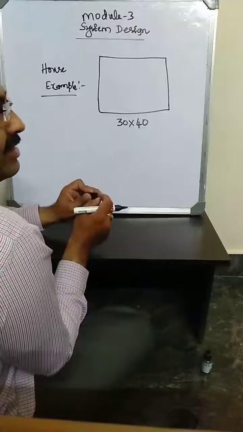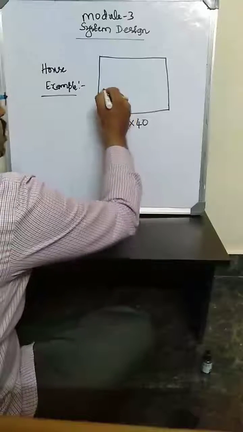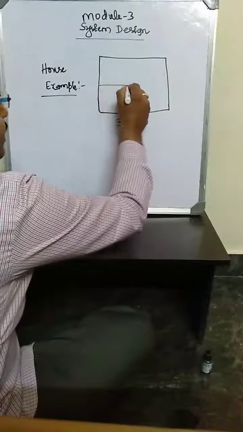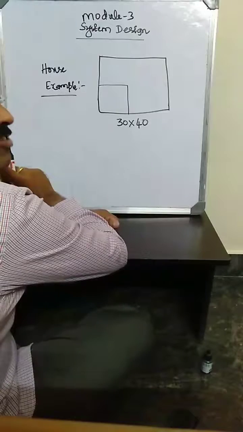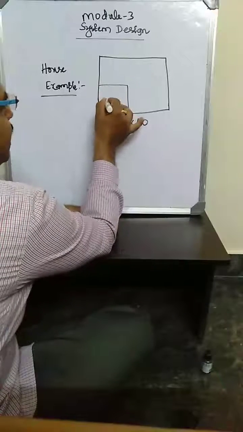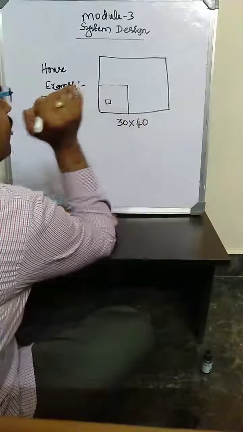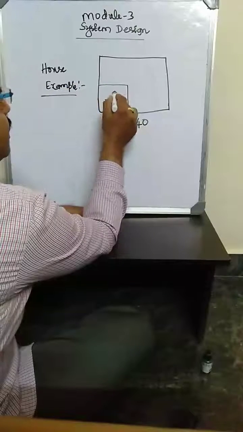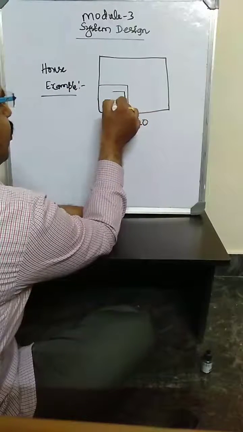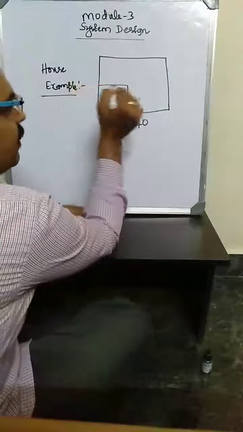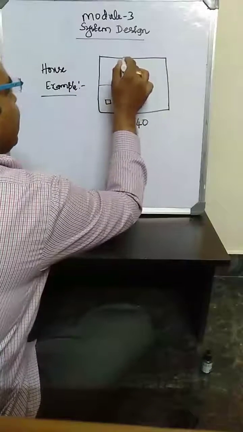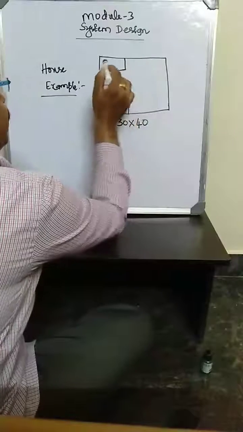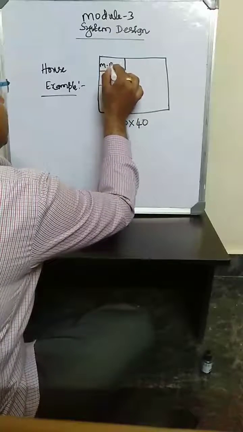How exactly will he design it? If you enter, this portion will be left for the car parking. If it is the north side, then we may place a borewell here, and the water tank will be here. That is the north face. Here you may find a bedroom, the master bedroom.